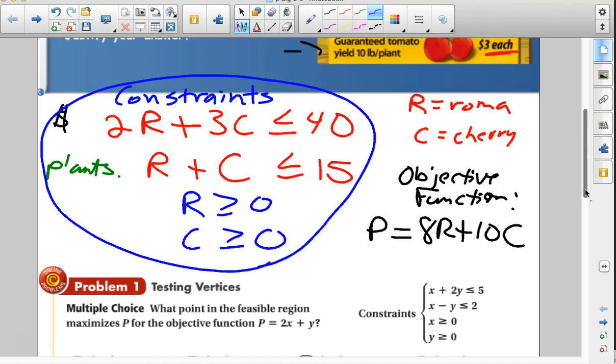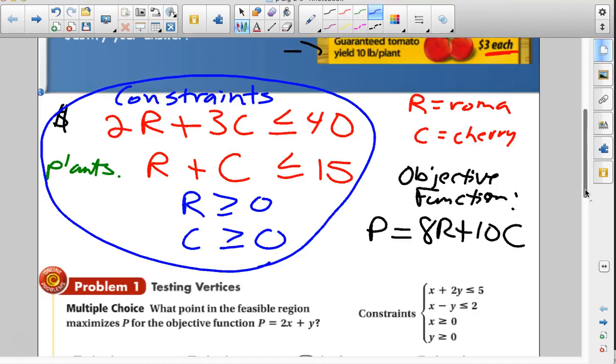These are the things that are holding us back. We only want to spend $40. Well, that's going to hold us back. We only want to have 15 plants. You know, you've checked out your garden space and you realize if I go with any more than that, I'm not going to fit them. You know, and they're going to start overcrowding and they're going to die off. And I'm not going to get what I want for the pounds. So this would be the constraints.